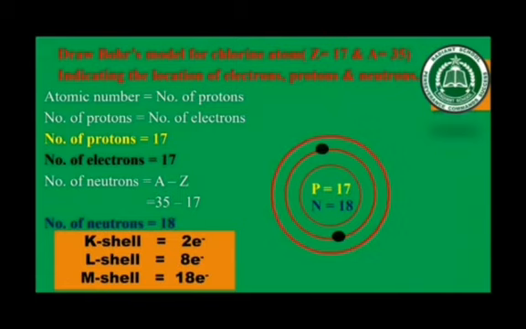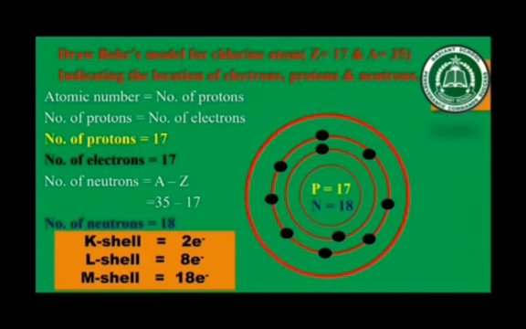Now draw the second shell. In the second shell the maximum capacity is 8 electrons. So we will draw the 8 electrons. How many electrons are drawn? There are 8 plus 2, 10. But we have 17 electrons. 10 electrons are accommodated in different shells. Now 7 electrons are left. The M shell has the capacity of 18 electrons, but we have 7 electrons.